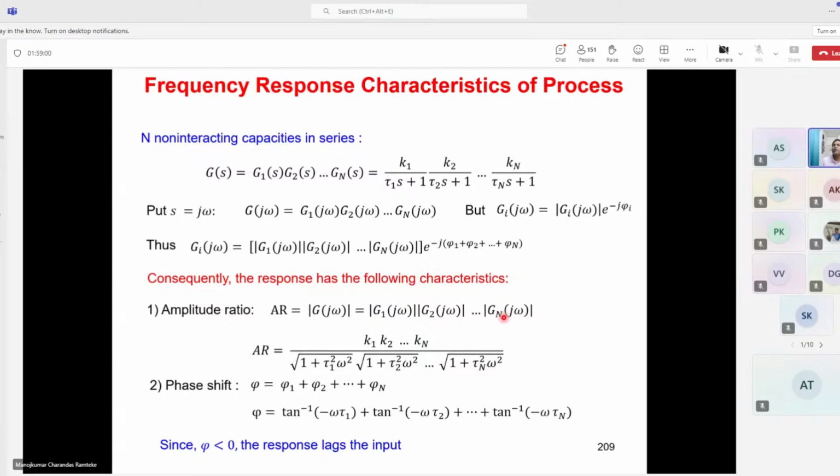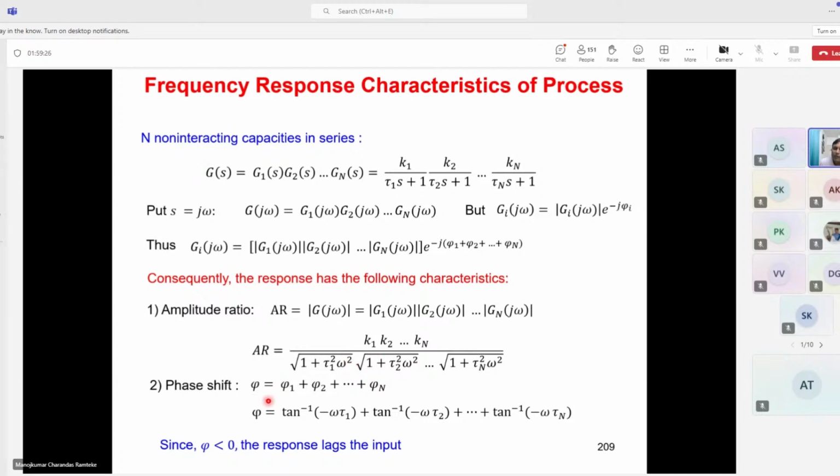This is the amplitude ratio of the nth process. So all these amplitude ratios are multiplied when I'm calculating the overall amplitude ratio. So the overall amplitude ratio will be given as K1, K2 all the way to Kn divided by under root 1 plus tau 1 square omega square into 1 plus tau 2 square omega square, and multiplication all the way to under root 1 plus tau n square omega square.